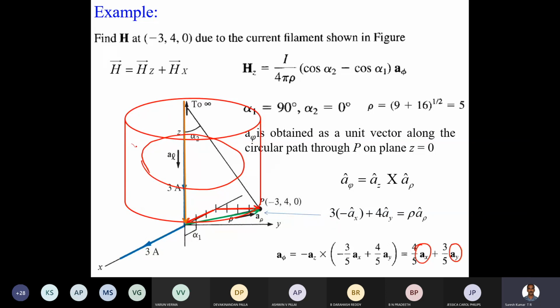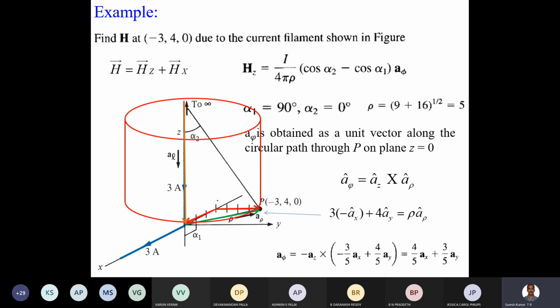The observer is somewhere here. With respect to the observer, it is along the positive x direction and the positive y direction. So that's why the answer is along positive x and positive y. In that way you can cross check.